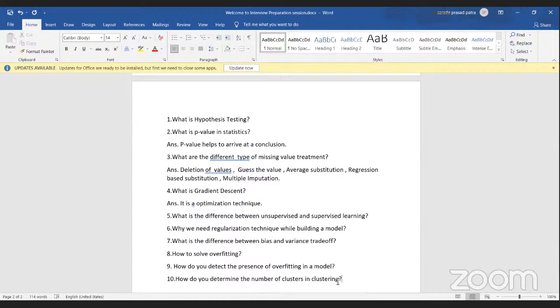Yes, elbow curve. What the elbow curve shows. So we can determine the number of clusters by an elbow curve. Okay. The next question.